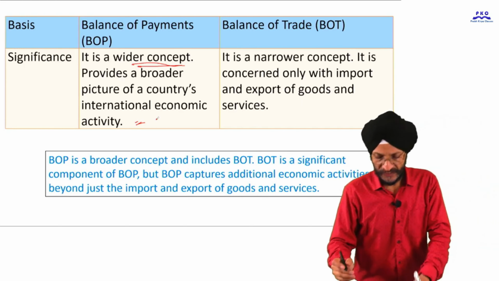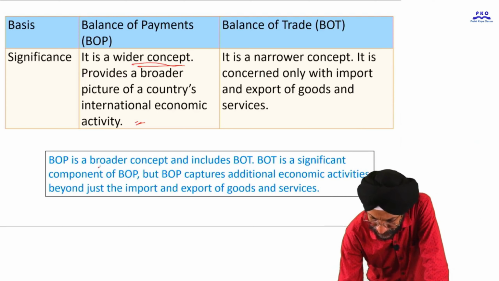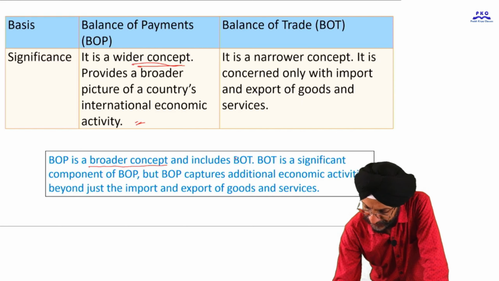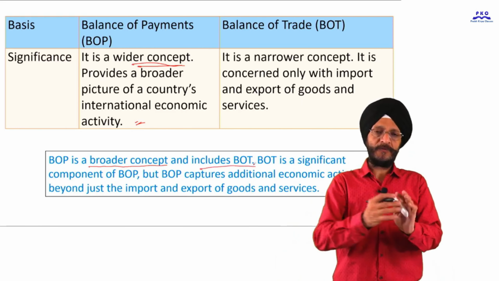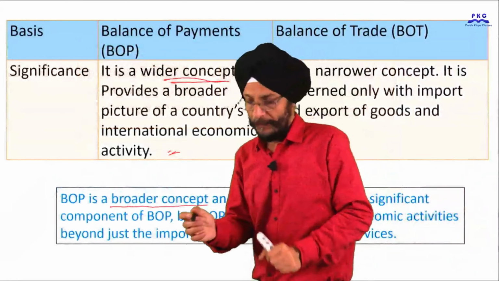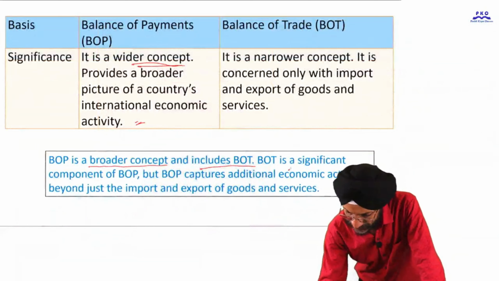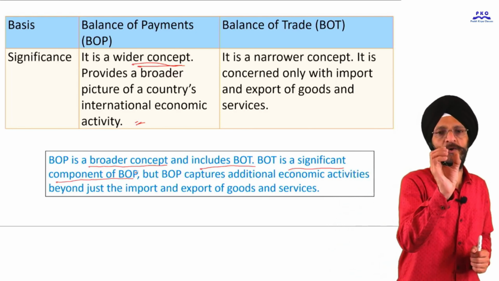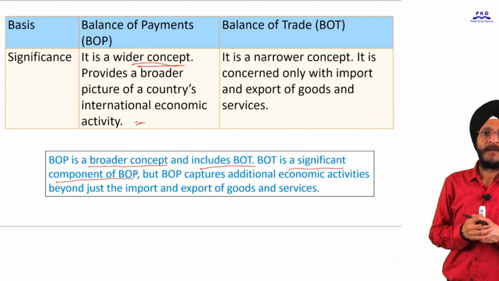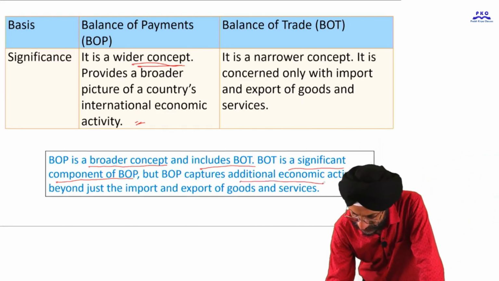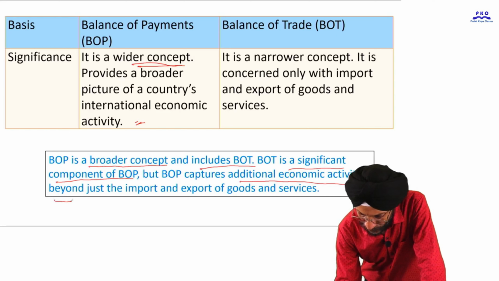So at the last, we can say that balance of payment is a broader concept, and it also includes balance of trade in addition to other items. Balance of trade is a significant component. Significant means important component of balance of payment, but balance of payment captures additional economic activities beyond just the import and export of goods and services.